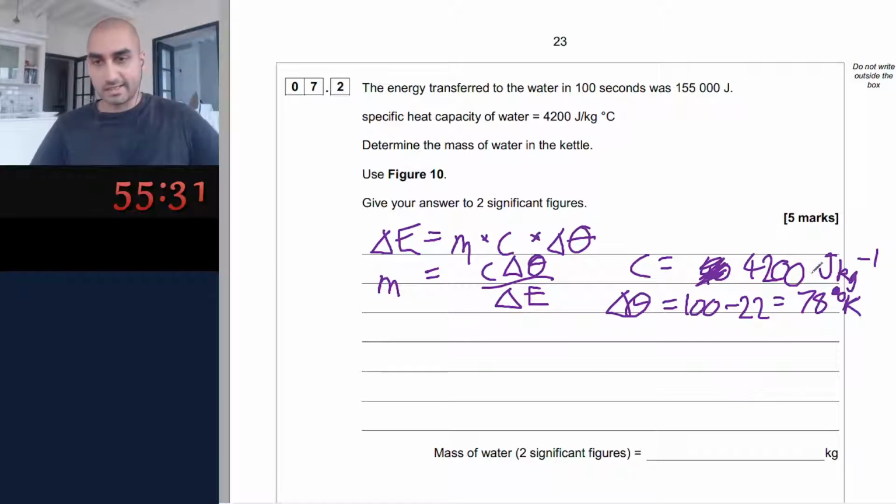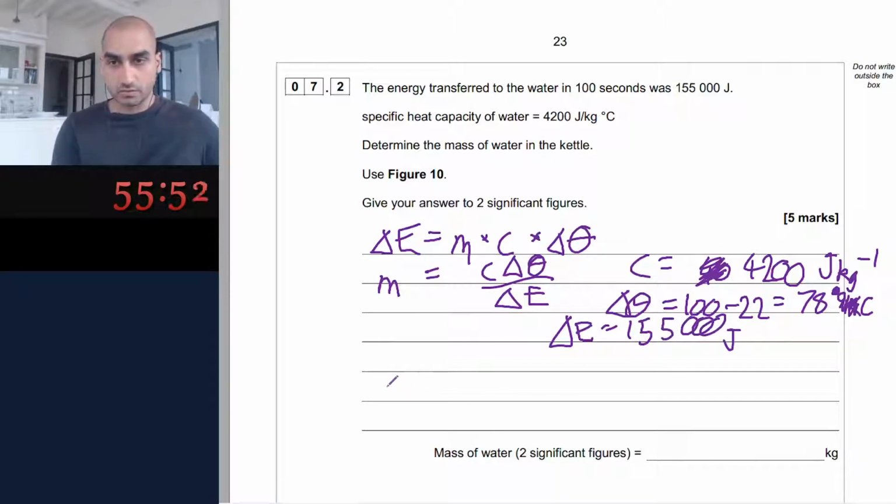I mean, it's linearly equivalent, so we can say C. And delta E equals 155,000 joules.